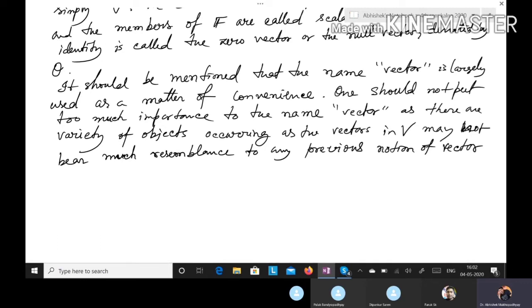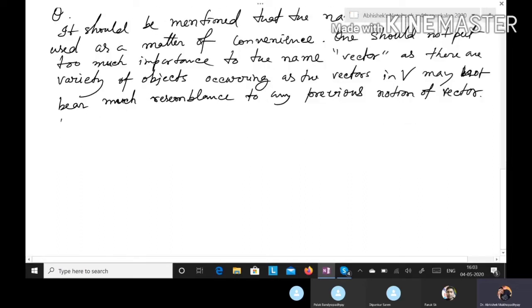Some students from physics may say that vectors mean it has magnitude and direction. But we are talking in a more general setting, so you do not need to put much importance on this name. Okay. Now let us explore some examples.